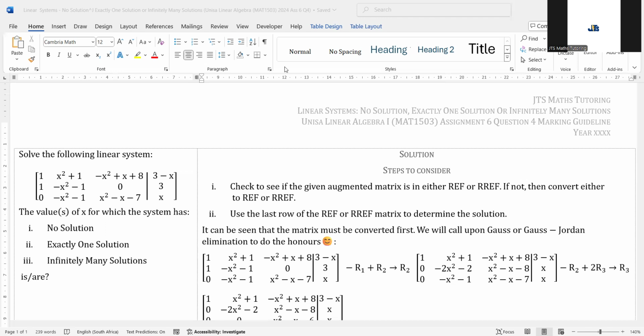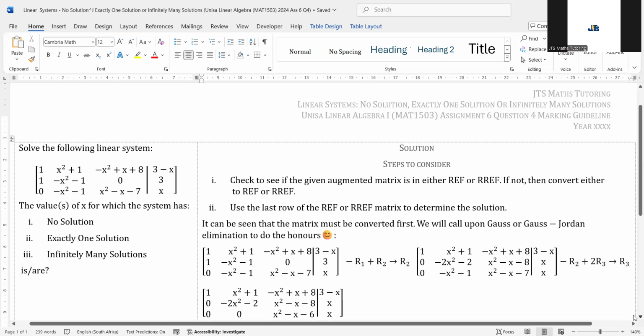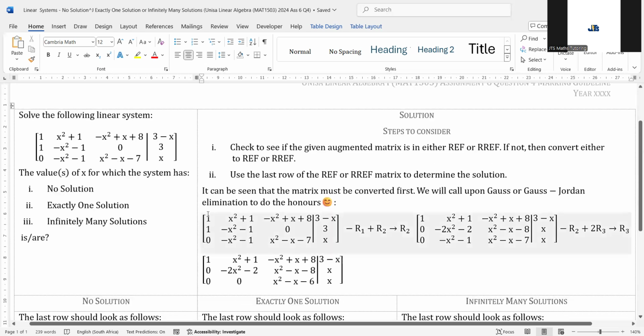All right. So here we call upon Gauss or Gauss-Jordan elimination to help us achieve that. Right. I already have my leading one where it is supposed to be, so I need to have this one here to be a 0 right here. Okay, so what am I going to do? Minus row 1 plus row 2, which is exactly what we have right here. So minus 1 plus 1 is going to give us a 0 right here.